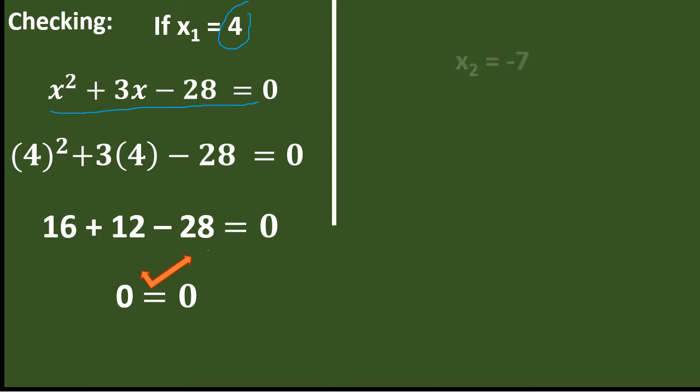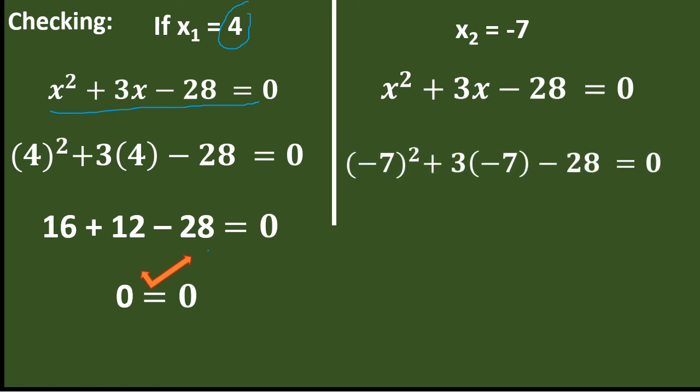What about the x sub 2? X sub 2 is equal to negative 7. Same process. All you have to do is substitute negative 7 to the equation. X will become negative 7. So we have quantity negative 7, quantity squared, plus 3 times negative 7 minus 28 equals 0. Negative 7 times negative 7, we have 49. 3 times negative 7, we have negative 21. And we have to bring down negative 28.